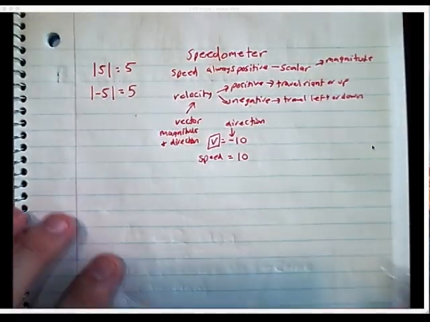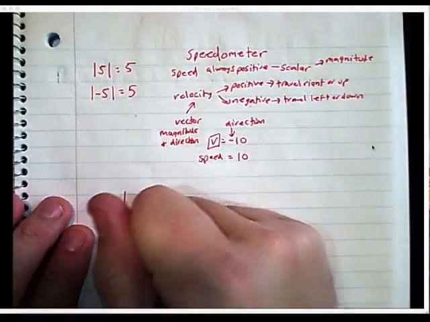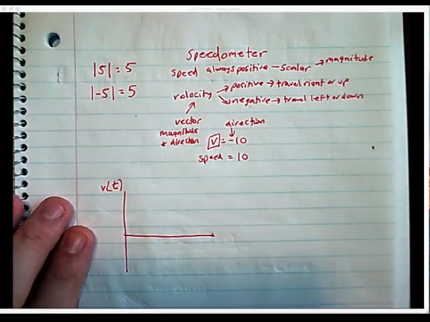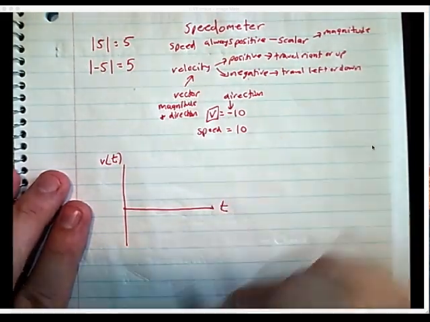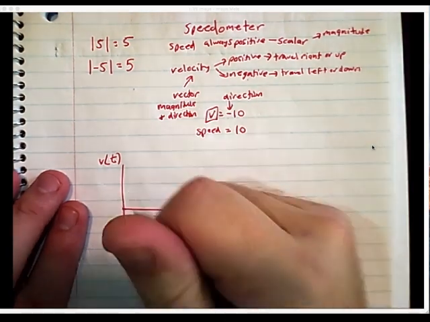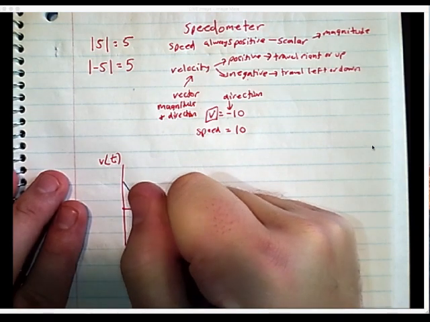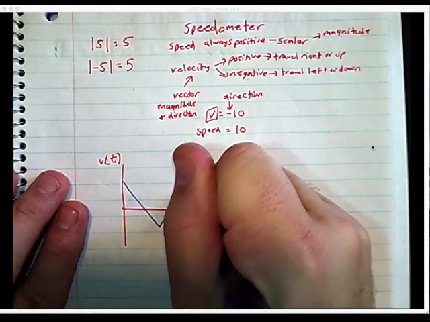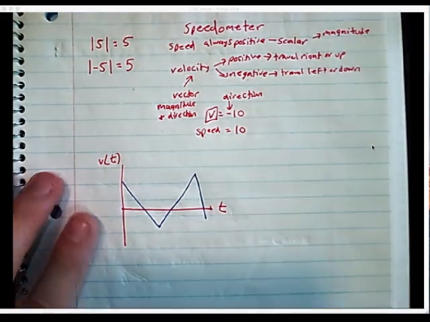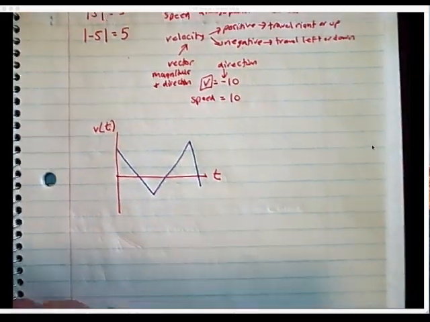So for example, if I had a velocity time graph, with velocity on this axis and time here, let's just do one of these. Say that was the velocity time graph.